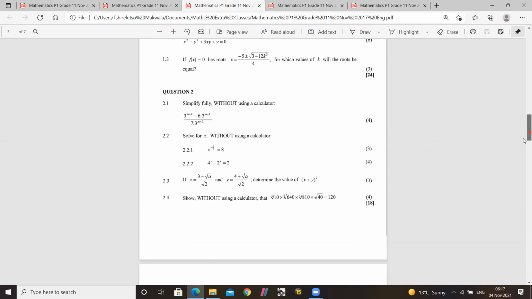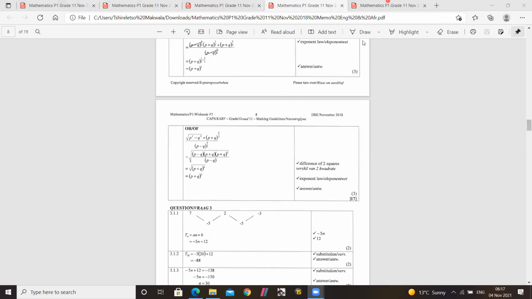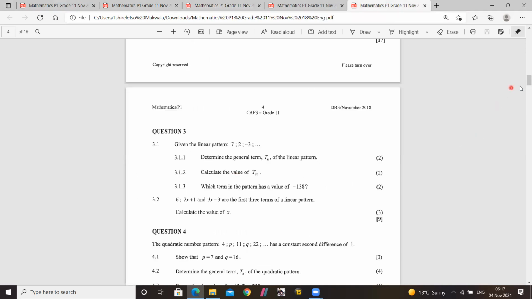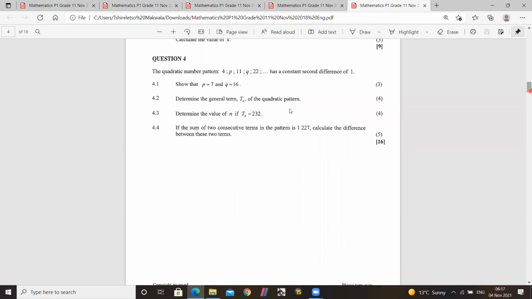That's linear patterns. Now I'm gonna move on to the next type of patterns, which are quadratic patterns. What's the difference between a quadratic pattern and a linear pattern?